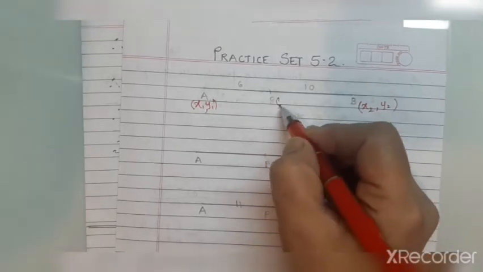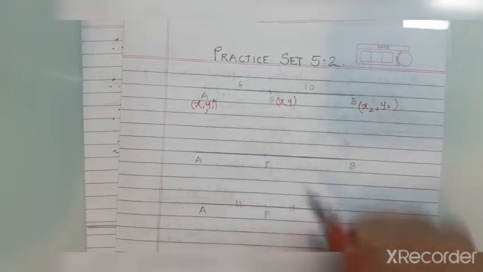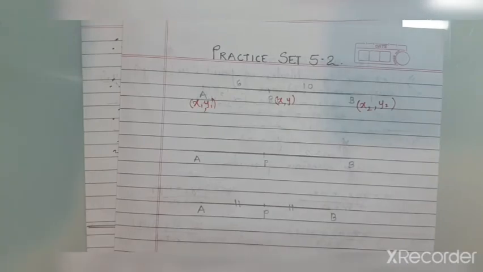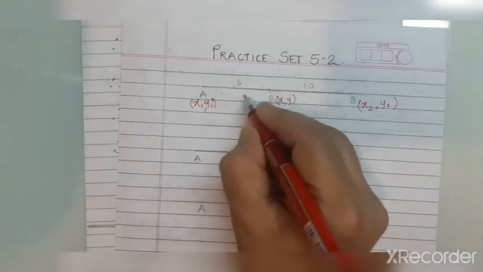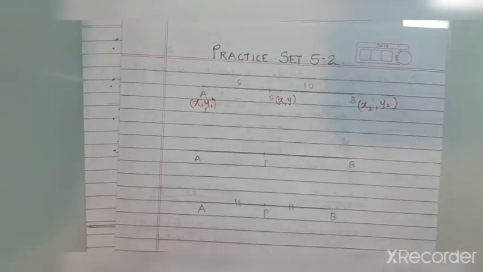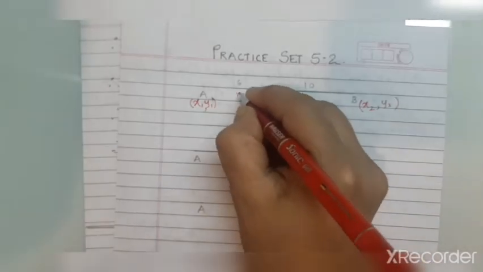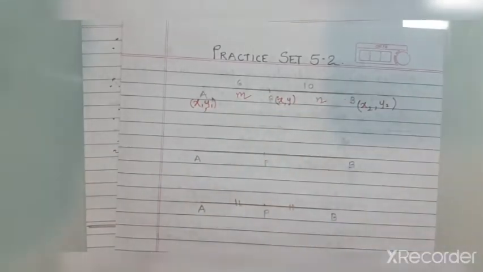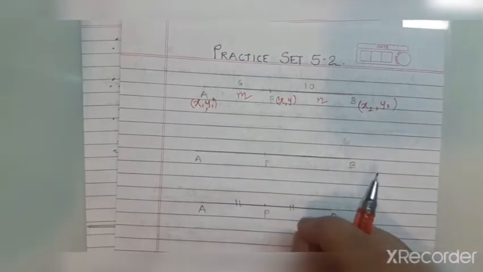The coordinates of point P are x and y. Let us consider that the segment is being divided in the ratio m and n, because we have to consider a general formula.